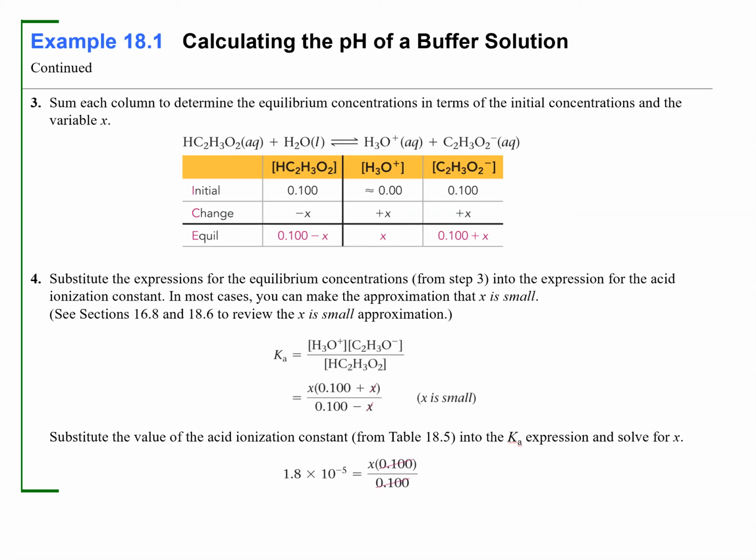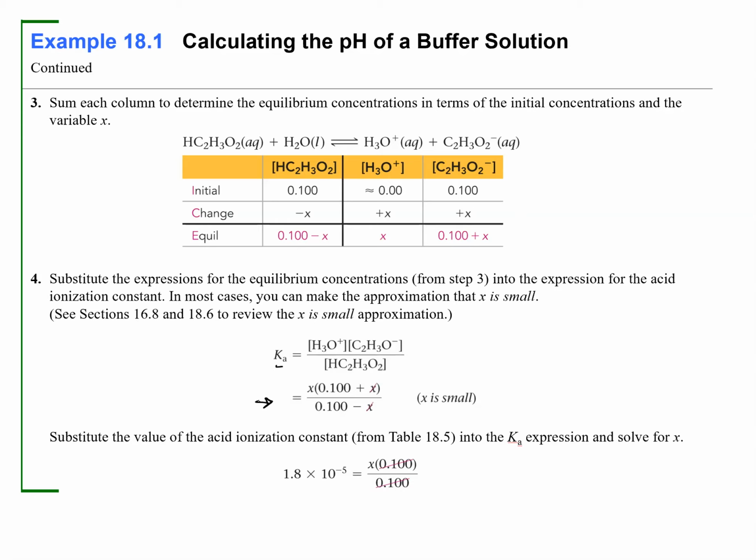And now that we have all three of these terms, we can make our relationship to describe the acid ionization constant, Ka. And Ka is going to be the concentration of our products over the concentration of our reactants, raised to their respective powers, which are all 1 in this case, very conveniently. And we can substitute in for all of our terms, giving us the following relationship.